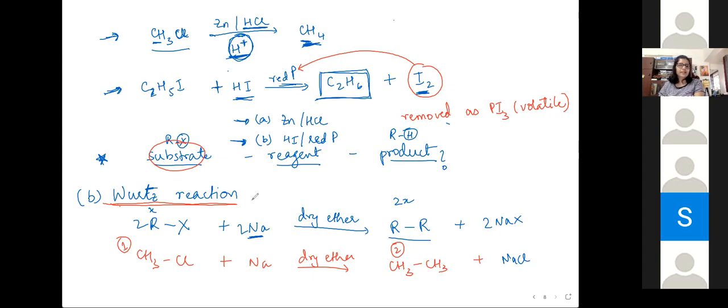So Wurtz reaction reagent is sodium in dry ether. You need to have a non-polar environment for this reaction to take place. Once you've noted this, we'll go through a couple more cases of this reaction.